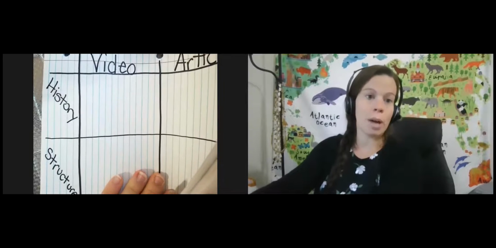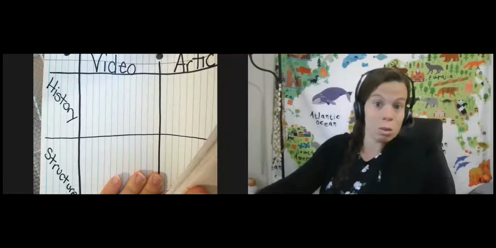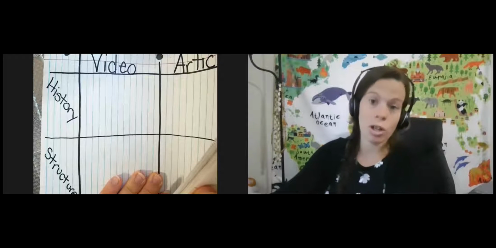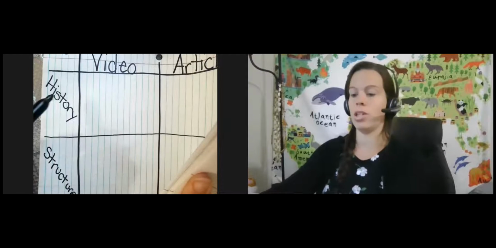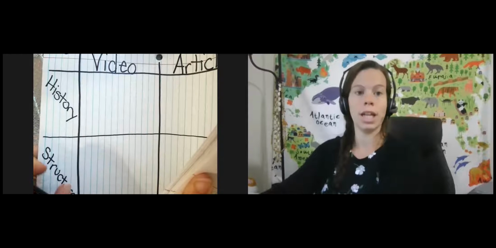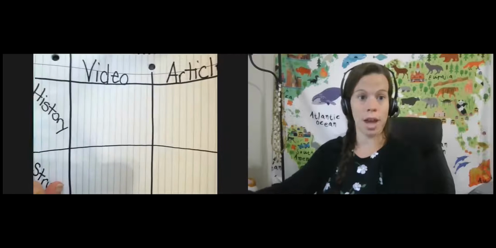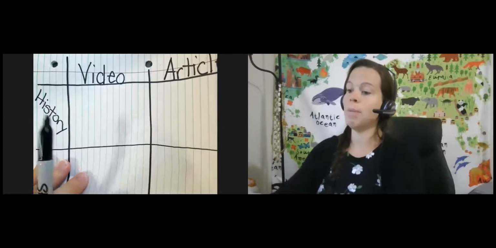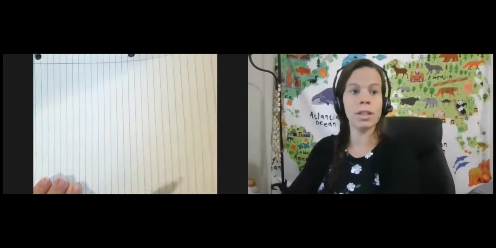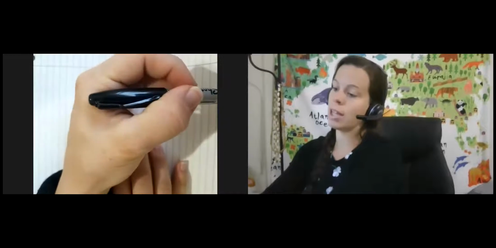The reason I left the box really large is because we're going to find quite a lot of information, and I want you to have enough room. So history, structure, from the video, and from the article. If you need more time, that's fine. What I'm going to do is flip, and we're going to do it again. That way we can fit the other two main ideas.